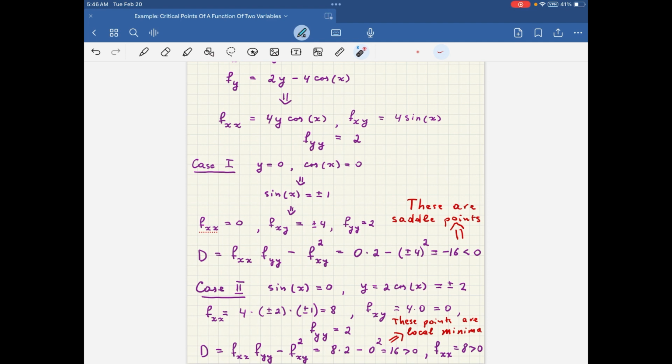And in this case, the second derivative test tells us that these points are local minima. And so, to summarize, we determined that this function has saddle points, and it also has local minima. It does not have local maxima.